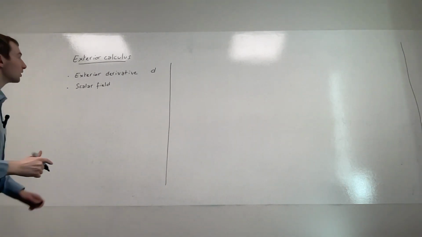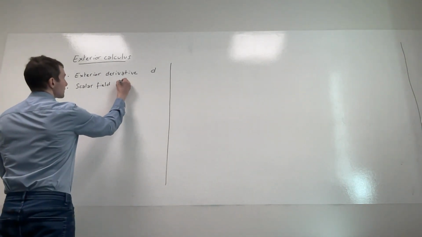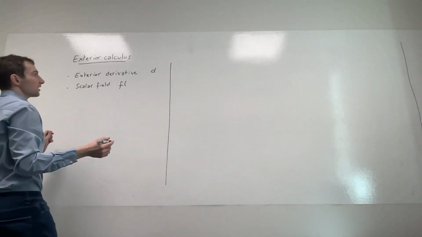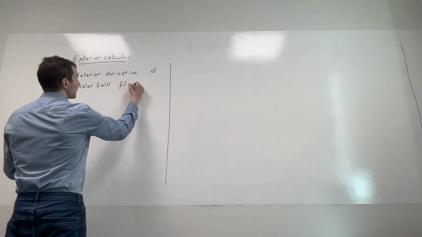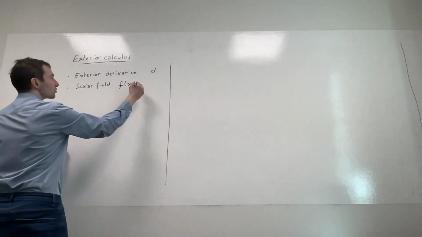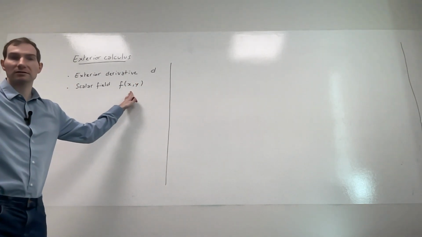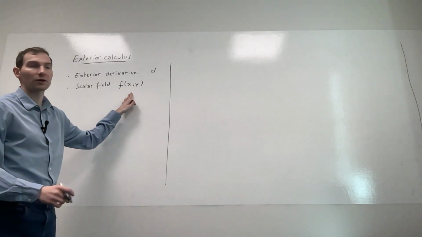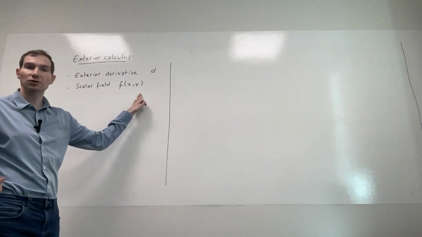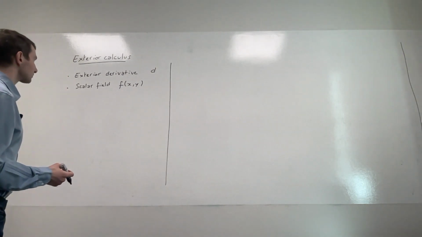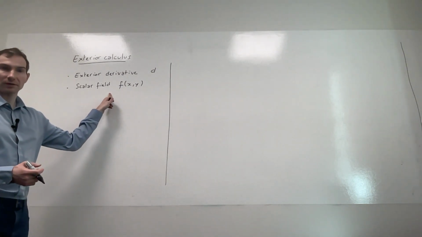Let's say this scalar field is f of x, y. I'm going to focus on two variables here, but obviously it could be z, whatever number of variables you want. I just want to illustrate it in the case of two.